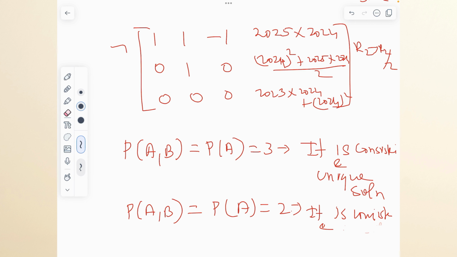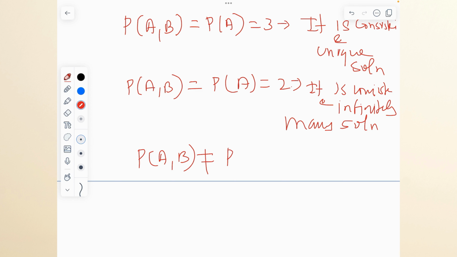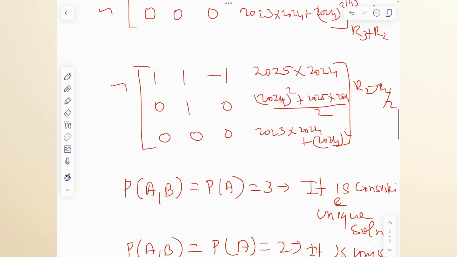It's not no solution, it is infinitely many solutions. And if rank of A comma B is not equal to rank of A, then it is inconsistent, with no solution.